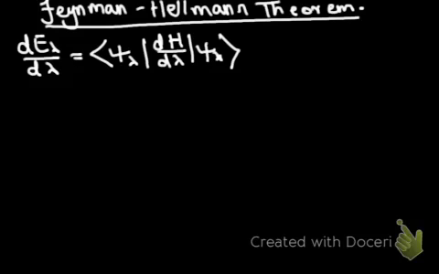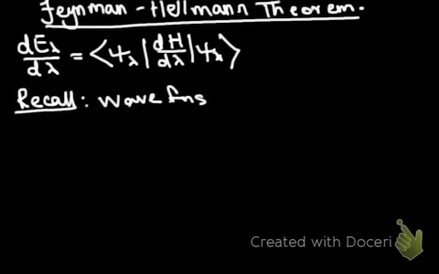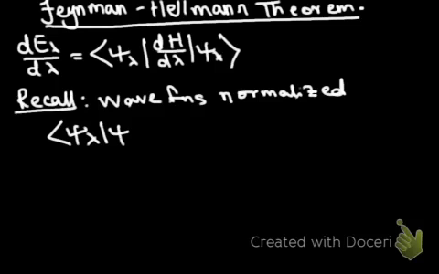And we're going to prove this theorem, but to prove the theorem we may need some things that are the following. Recall that our wave functions must be normalized. What that means is that the inner product of my psi lambda with itself must be equal to 1.